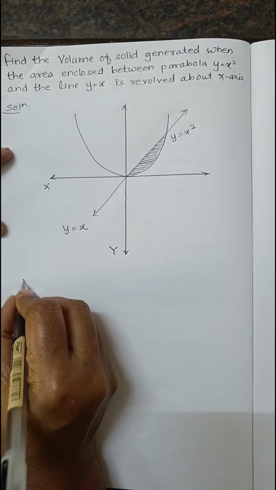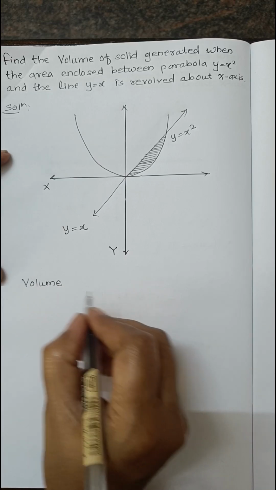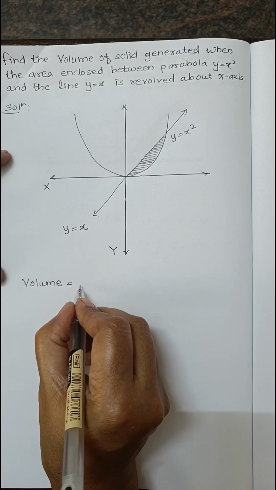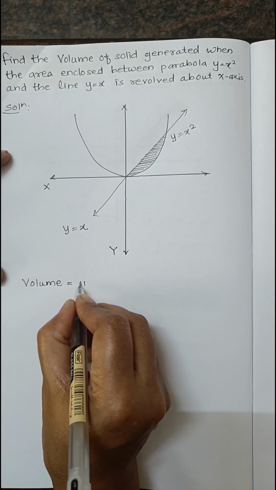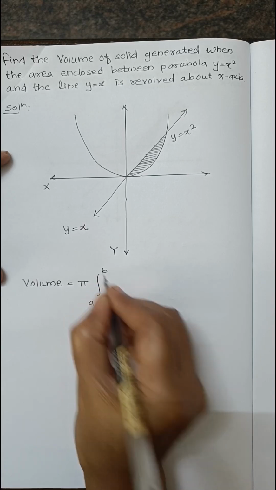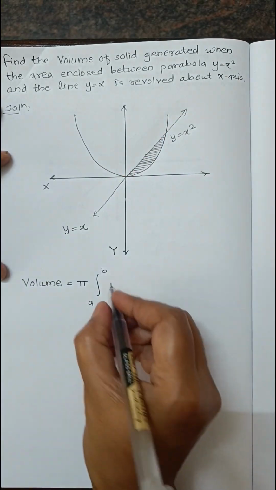Now the volume of the solid generated when the area is revolved about the x-axis, the formula is pi integral a to b. Now here two curves are there, one parabola and one straight line.